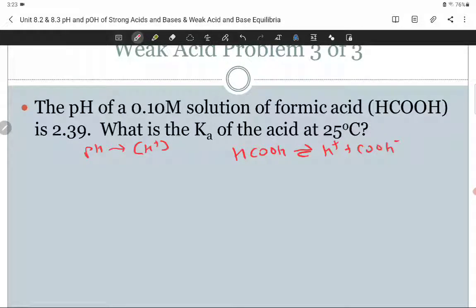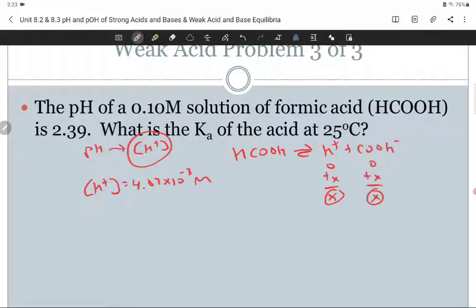Okay, so 0 plus x is x, 0 plus x is x. So if we figure out what the hydronium is, we know both of those x values. So pH is 2.39, take the negative antilog, and the hydronium is 4.07 times 10 to the negative third molar.